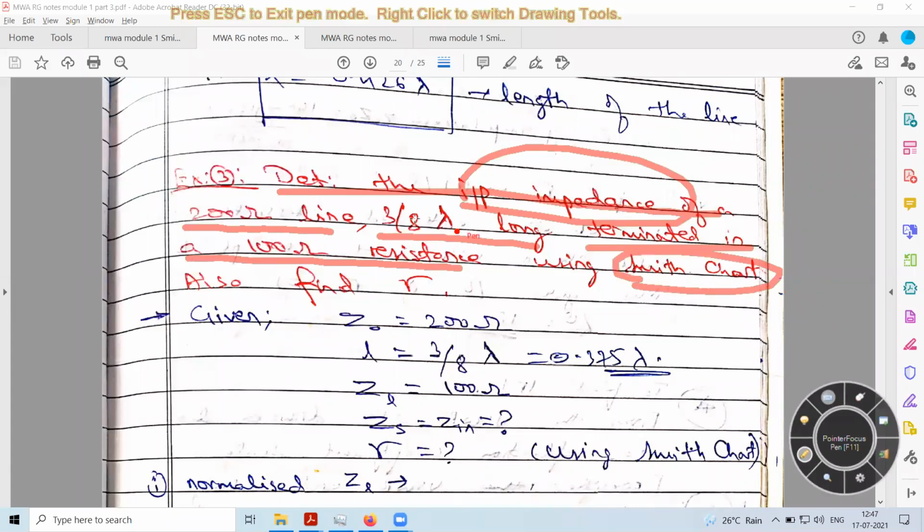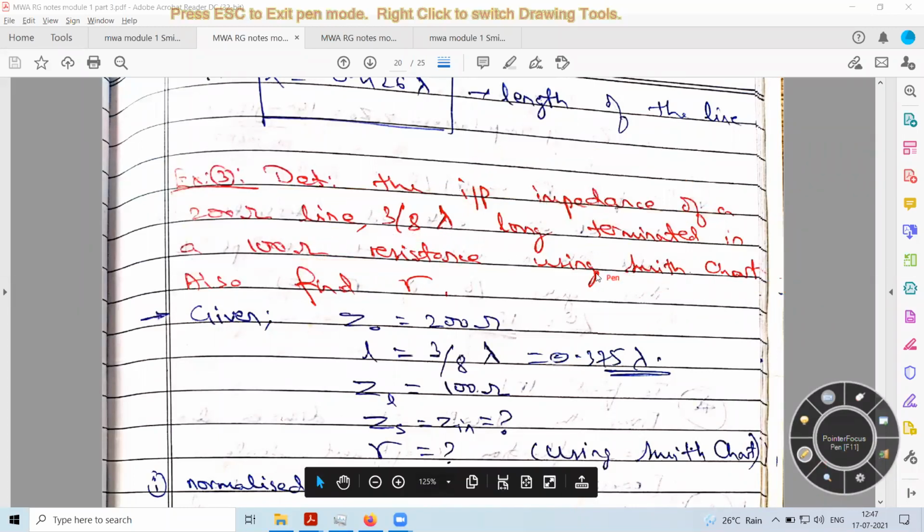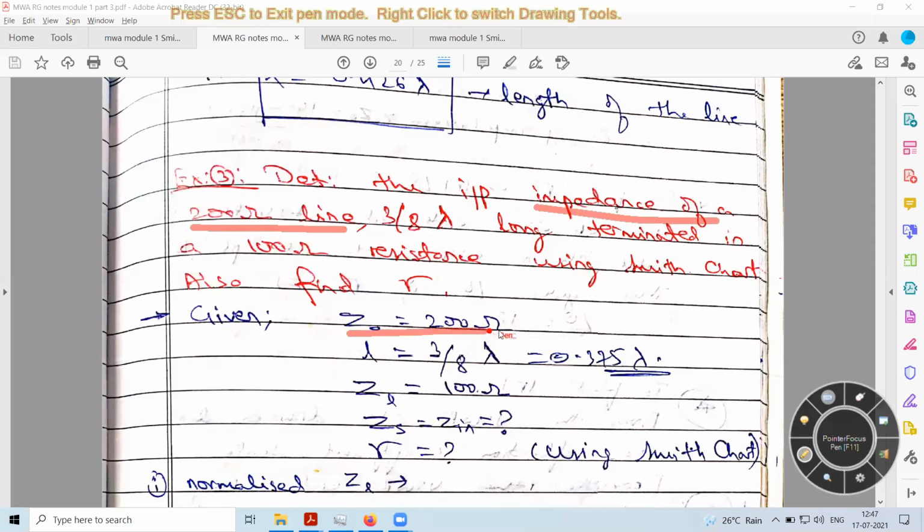The impedance of the line is 200 ohm, which is the characteristic impedance. The line is 3 by 8 lambda long and terminated with a 100 ohm resistance, which is the load resistance.